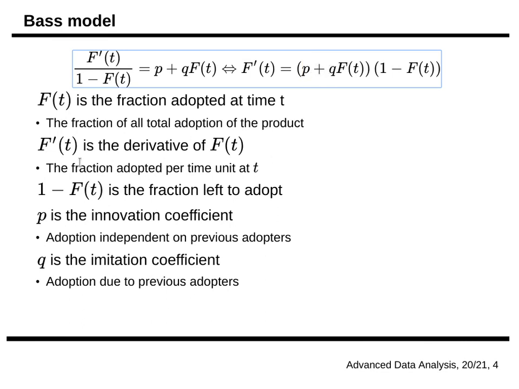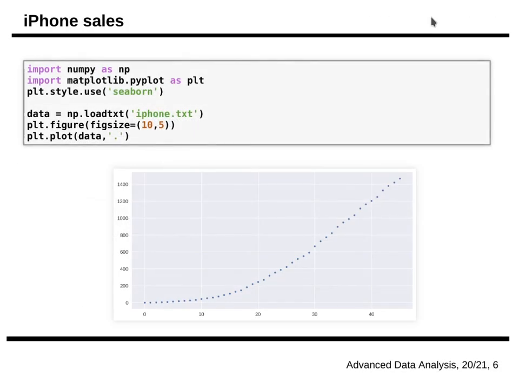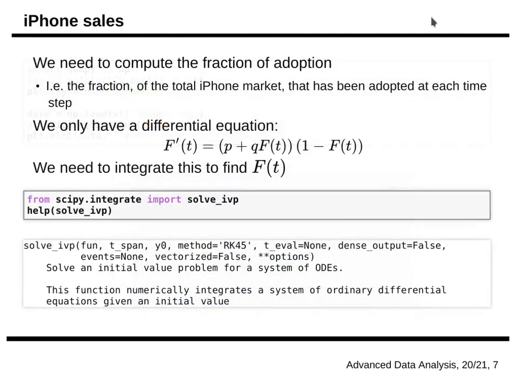So this P would be the innovation coefficient, could be influenced by things like advertising and so on. And this Q is the imitation. It's more like word of mouth, and people see other people using iPhones and so on. So if we could measure these different effects, we would have an idea of what is driving the adoption of the iPhone. So this would be the purpose for this kind of fit.